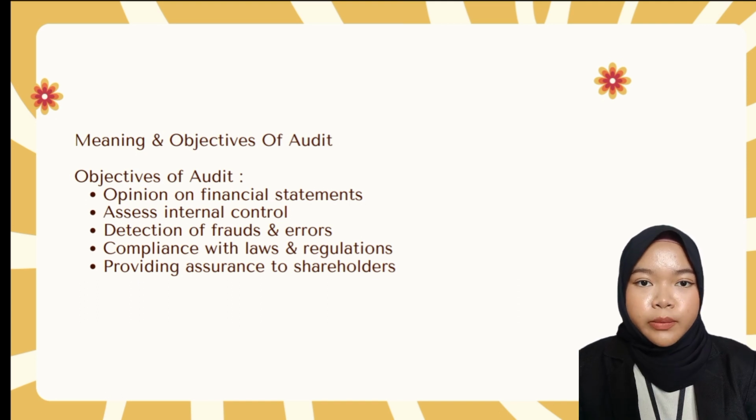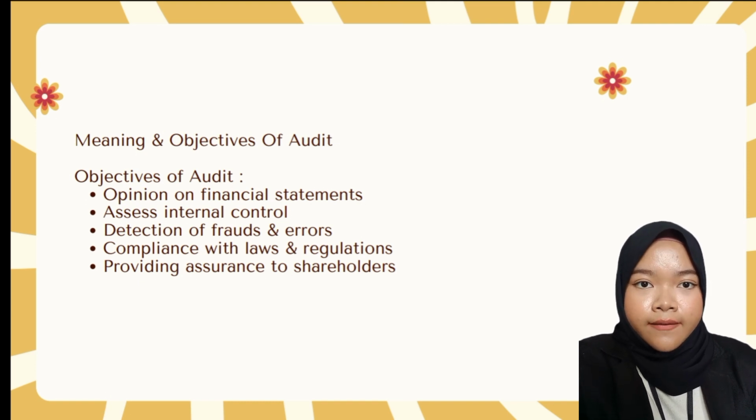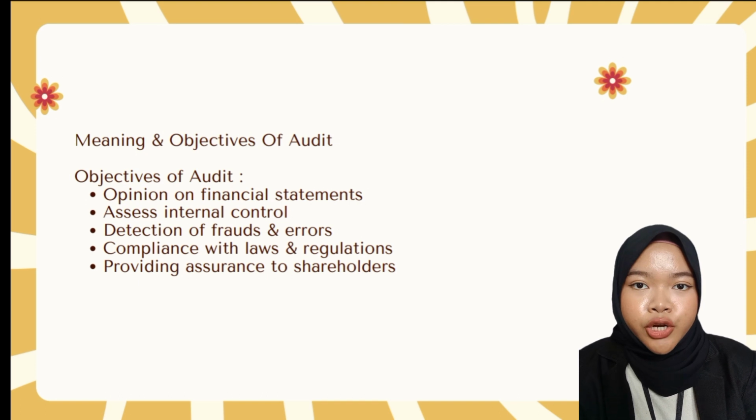Next one is compliance with laws and regulations. Compliance audits are carried out by assessing whether activities, financial transactions, and information comply in all material respects with the authorities which govern the audited entity. The last one is providing assurance to shareholders.